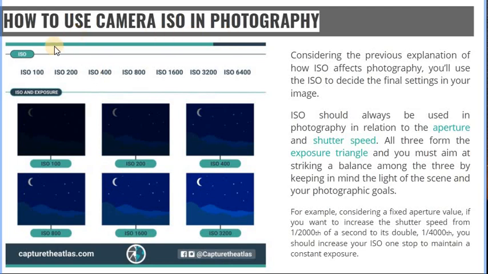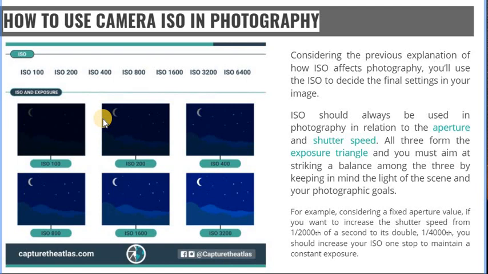So, how to use? Ayan. How to use camera ISO in photography. So, usually, meron tayong tinatawag na base ISO or yung lowest ISO that you have in your camera. That is what we call the base ISO. Kapag umaga or kapag meron namang enough light, kailangan ang ISO mo mababa.